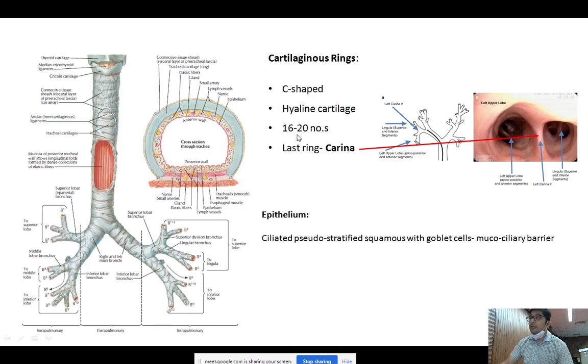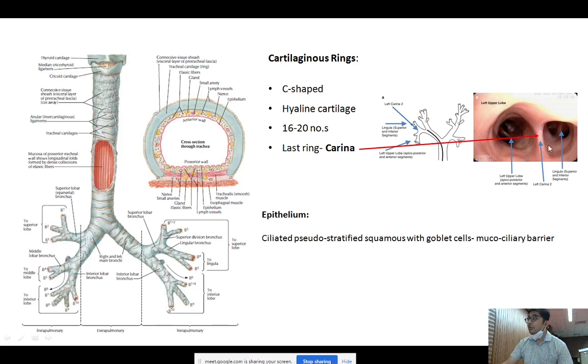They are about 16 to 20 in number. And the last ring over here, which is triangular in shape so that it holds both the bronchi, is known as the carina. This is the carina, the angle where the trachea bifurcates. This becomes important while you are doing a bronchoscopy.